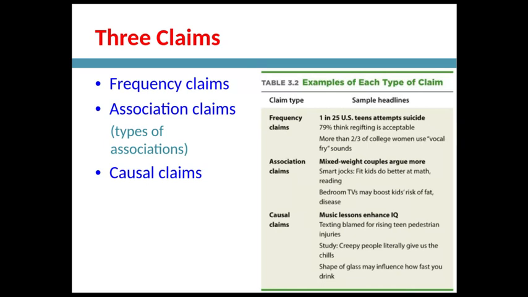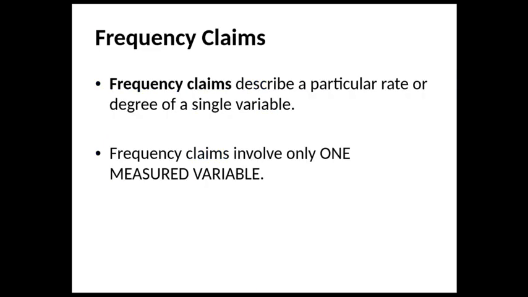In this case, the shape of the glass, regular glass versus a curvy or different glass, would be the manipulated variable. Somebody has a stopwatch and times how fast you drink, and that's the measured variable. It's dependent on the shape of the glass you're given. So hopefully you can understand those claims.